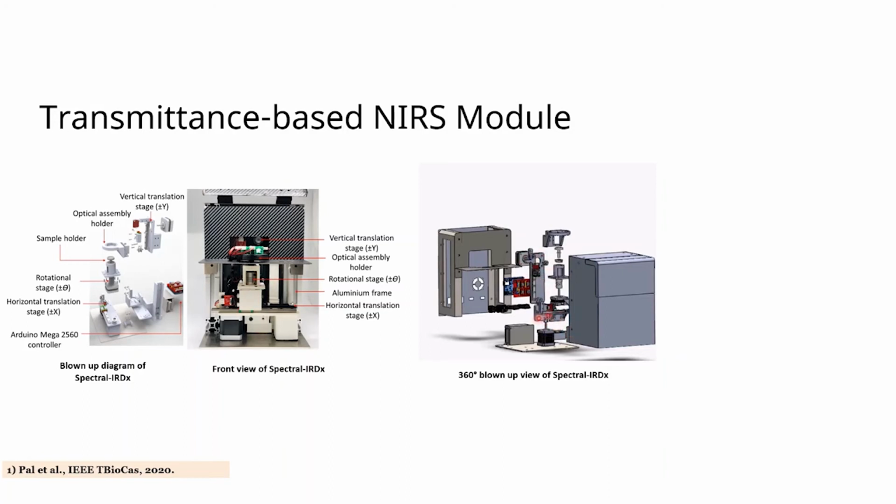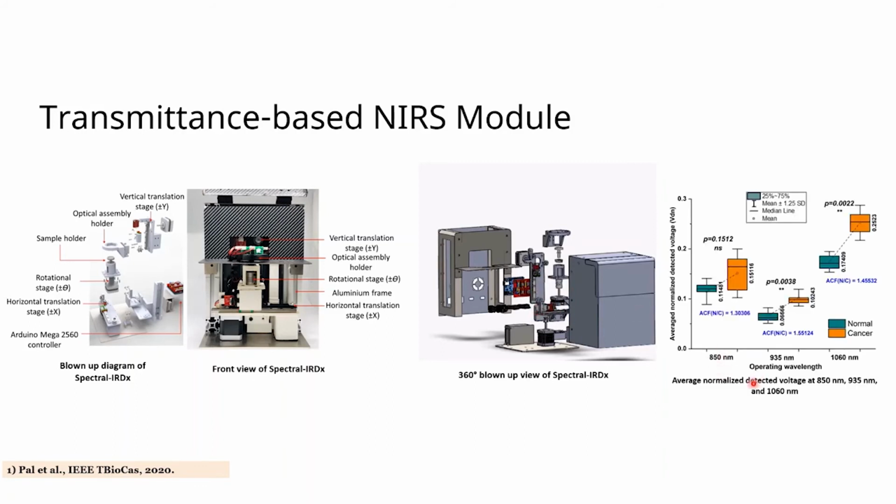One is the horizontal translation stage that moves the sample, the vertical translation stage that moves the optical assembly holder, and the rotational translation stage which rotates the sample holder to operate under different wavelengths. We have worked with 850 nanometers, 935 nanometers and 1060 nanometers, and we were able to differentiate normal from cancer with good statistical significance.